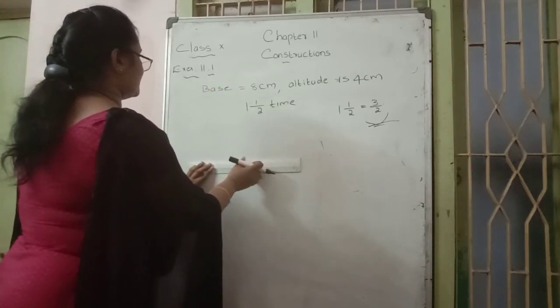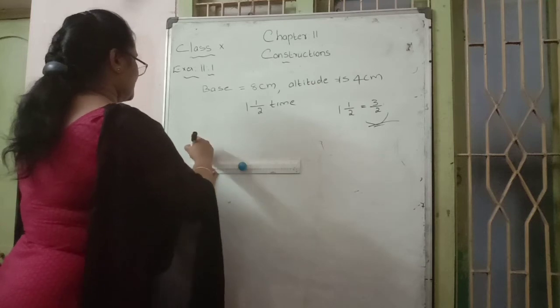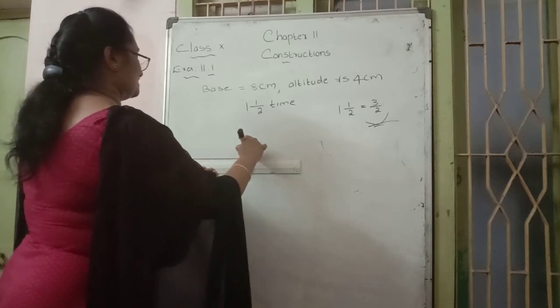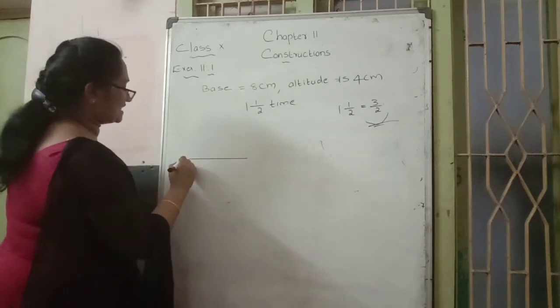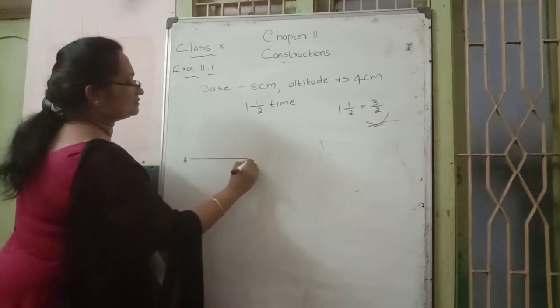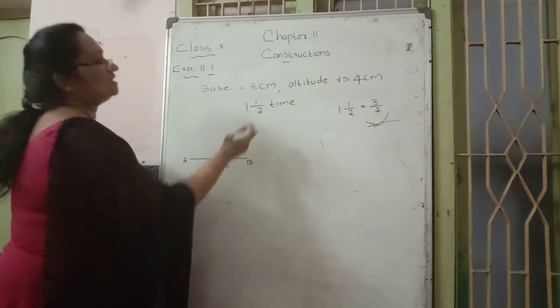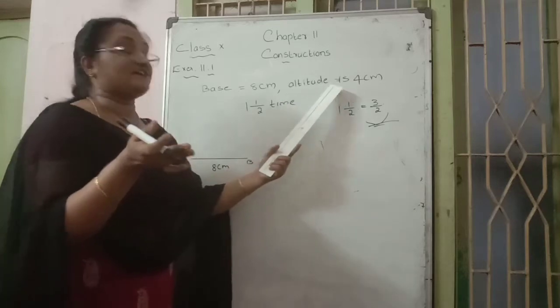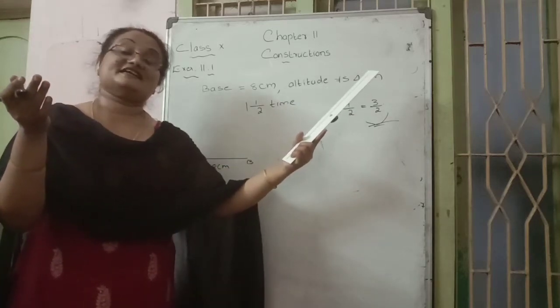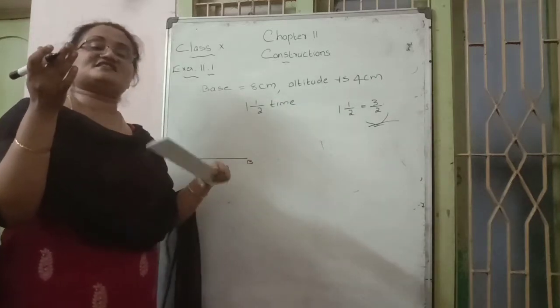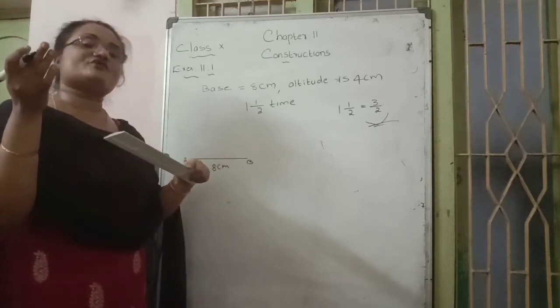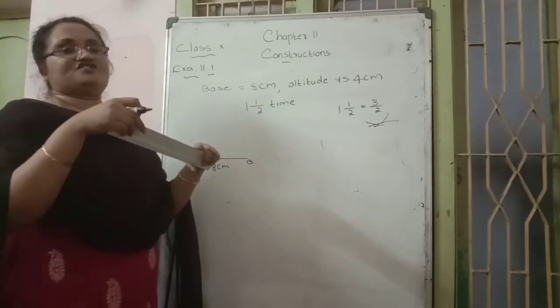We take AB as the base, 0 to 8 centimeter, mark it as A and B. Next, note that this is the height of the triangle, not the side. The height of the triangle is given as 4 cm.